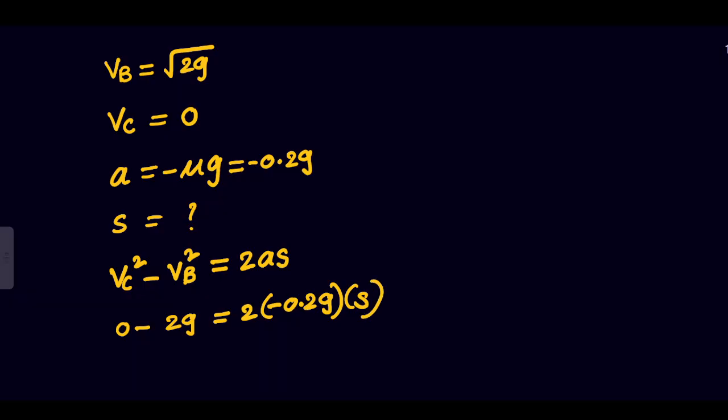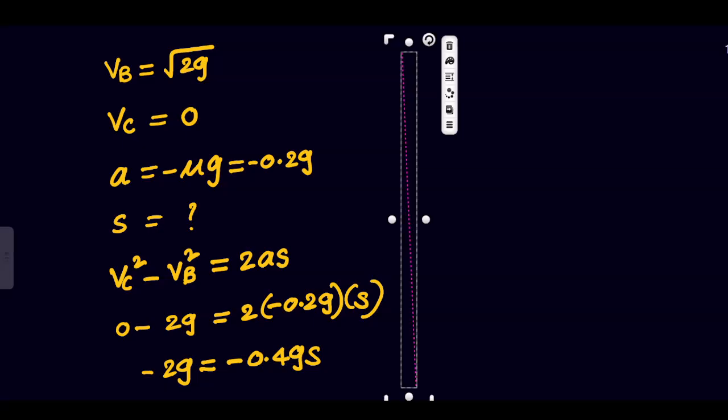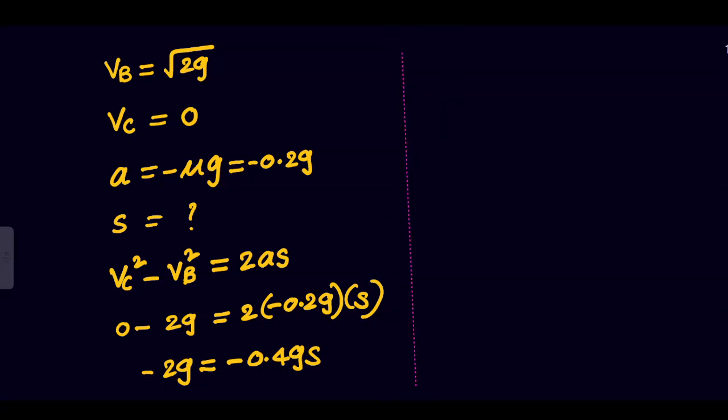So we get minus 2g equal to minus 0.4g into s. From this, find the value of s. The 2 also gets cancelled, the minus gets cancelled. So s is equal to 1 by 0.2, which is equal to 5 meters.